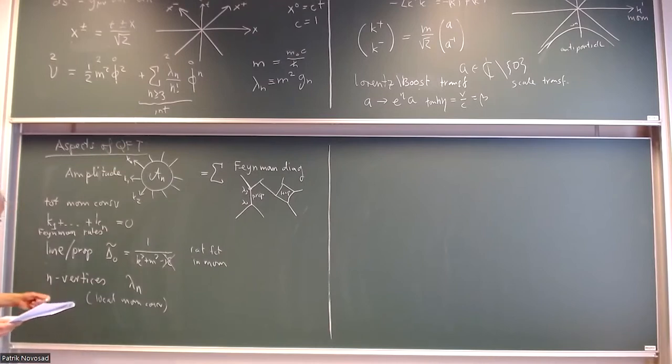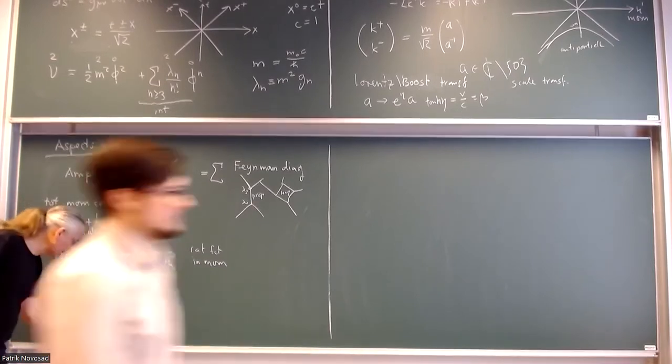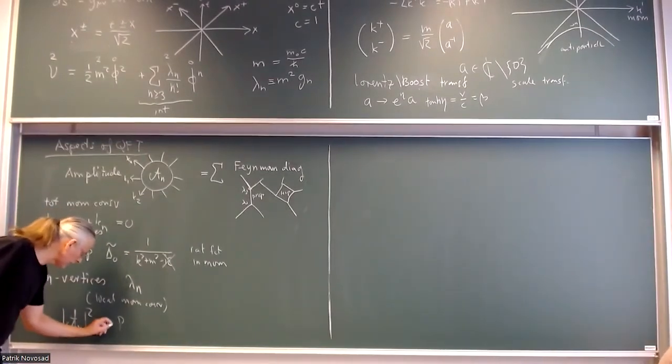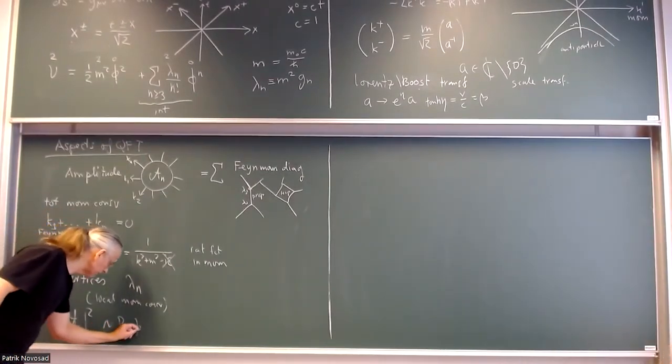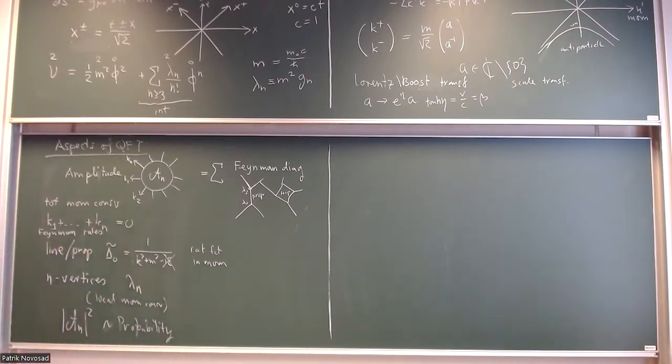Okay, so once we have set this up, then the square of the amplitude is given by a probability. Roughly speaking, you can think of these amplitudes as the same as in quantum mechanics, where you think of a wave function, and you square the wave function, then you get a probability.